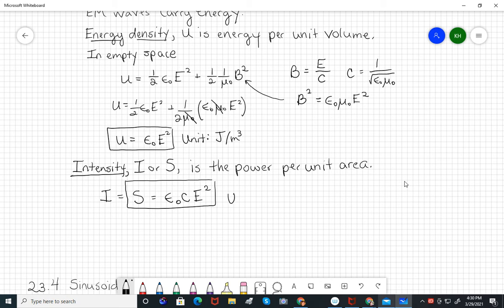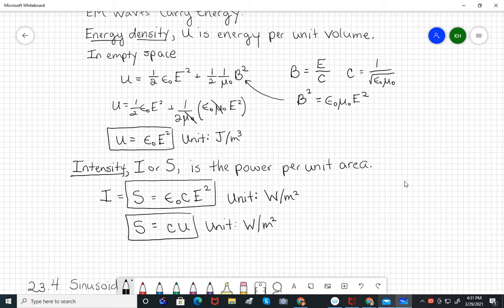Power per unit area means it's going to be watts per meter squared. We know that epsilon naught E squared is simply u, so another way we can write this is that the intensity is simply the speed of light, c, times the energy density. Again, it's going to have units of watts per meter squared.